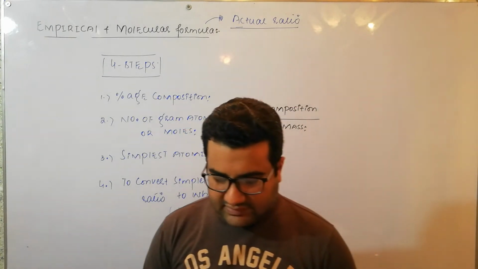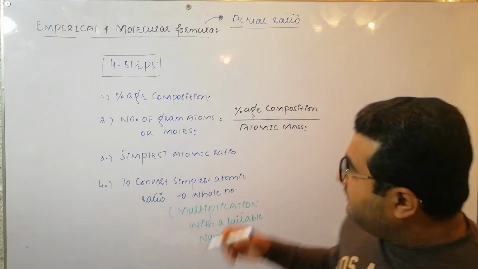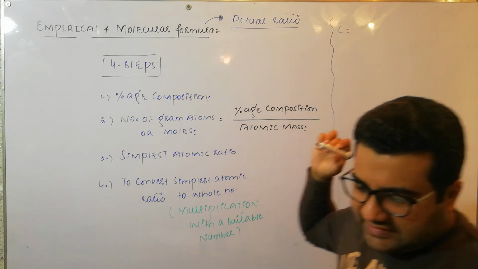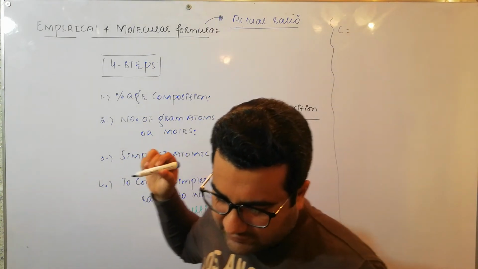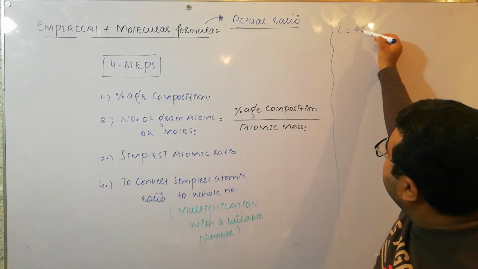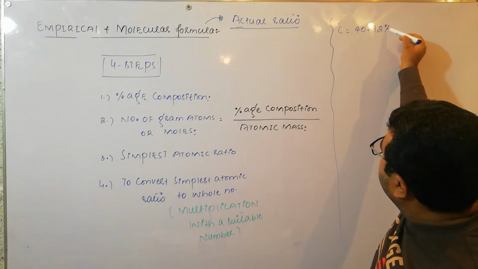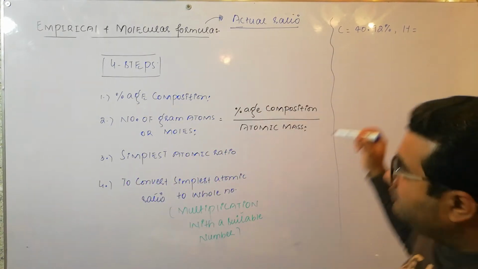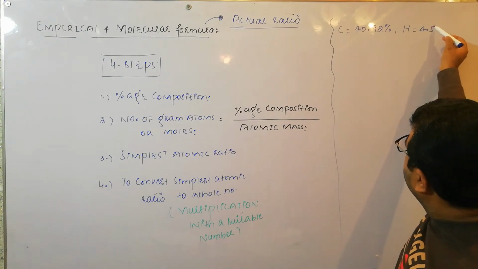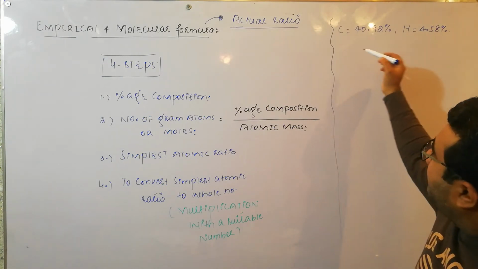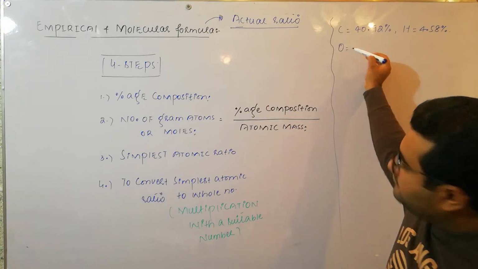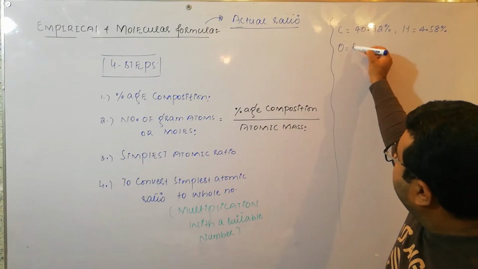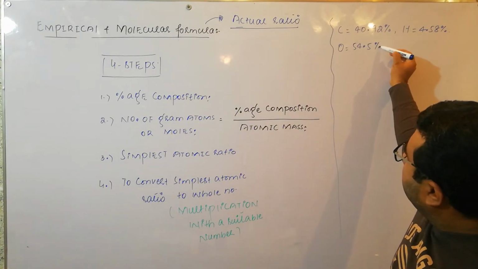Now let us take an example. Suppose that we are given some data that in a compound the percentage of carbon is 40.92%, the percentage of hydrogen is 4.58% and the percentage of oxygen is 54.5%.